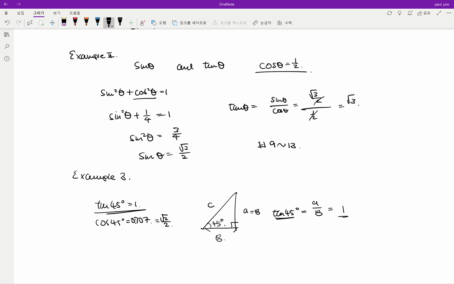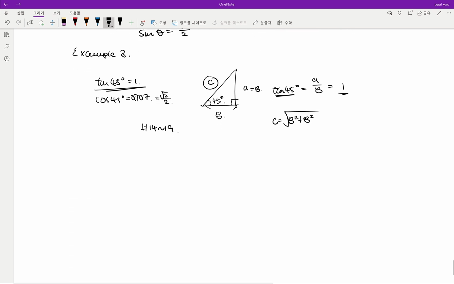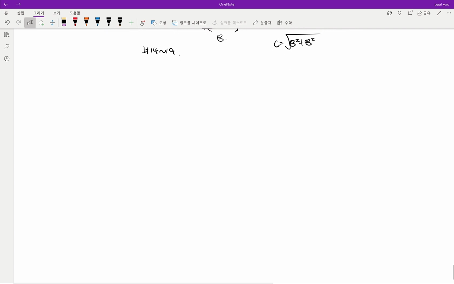So A has to be 8, and C can be solved using Pythagorean theorem. If you have no questions with these, you can move on to problems 14 through 19. So pause the video here and try the rest.